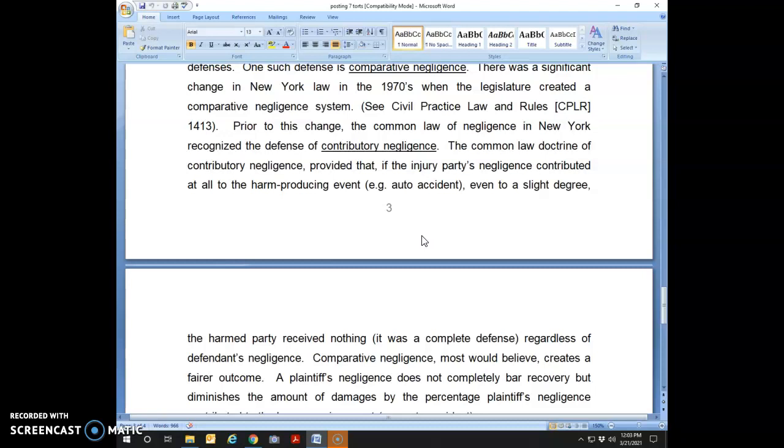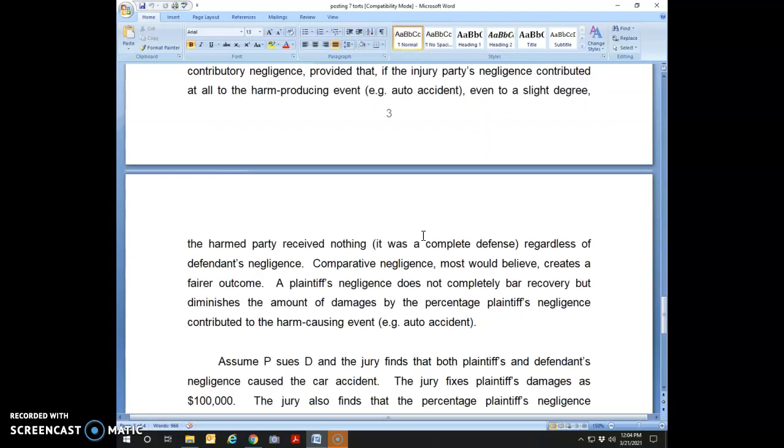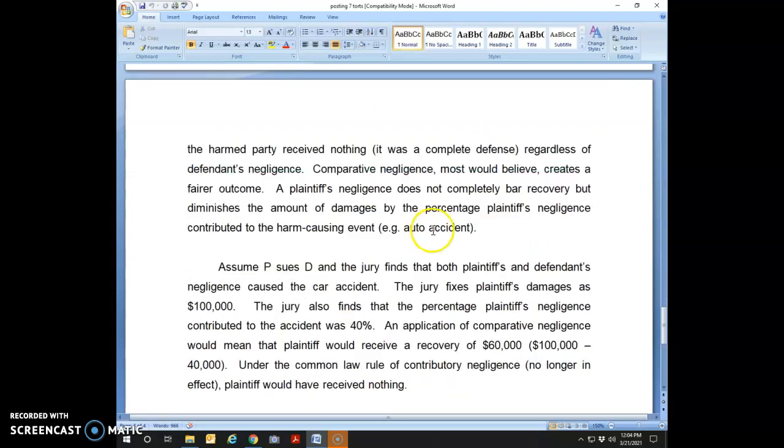It was a complete defense to the defendant, no matter how much the defendant's negligence may have contributed. So the legislature changed that, and now under comparative negligence, a plaintiff's negligence does not completely bar recovery, but diminishes the amount of damages by the percentage plaintiff's negligence contributed to the harm-causing event.